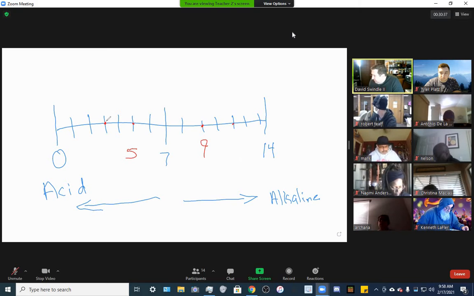Notice the book says milk has a pH of 6.4. So that's going to be about here, close to neutral. We don't have to go much more on the alkaline side to balance it and remove that milk soil.